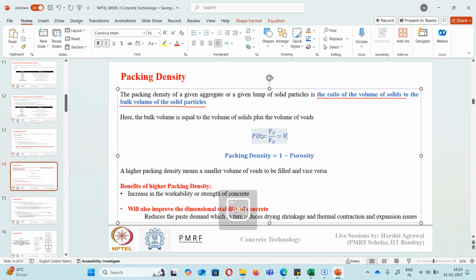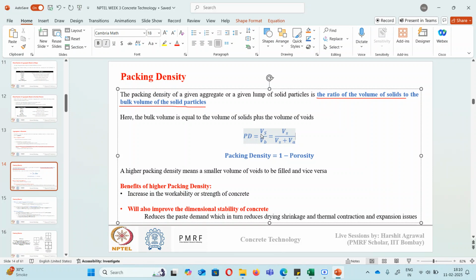Now I know Vb is nothing but Vs plus the voids that are there in my bulk volume. So I can write this equation as Vs upon Vs plus Va, where Va is my volume of pores inside my given aggregate lump.